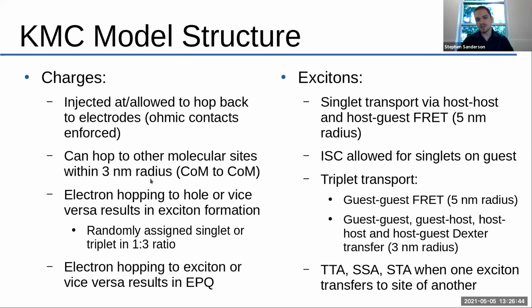And the 3 nanometers, most of the hops are a lot less than that. But I wanted to make sure that I had a large enough radius that I'm not losing any hops that might be going across where a solvent molecule was, or that sort of thing. It's all an approximation, but trying to minimize things where I can.